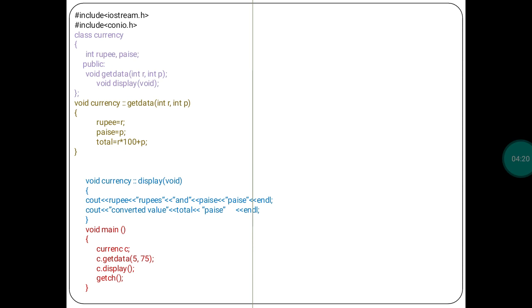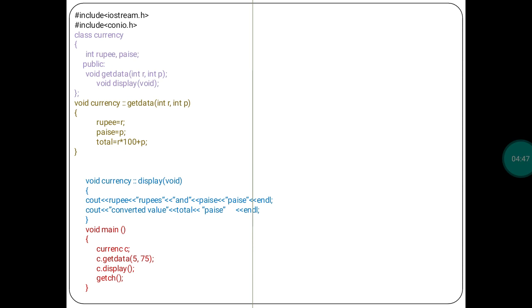Public: getdata and display are the public member functions. Int R, int P are called arguments. And void display is also a member function. Closing brace, semicolon means your class is closed.